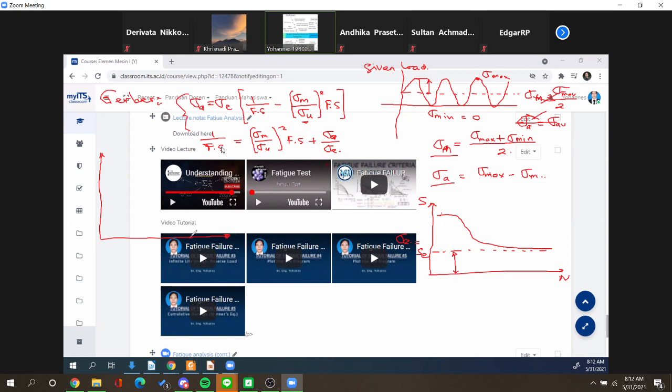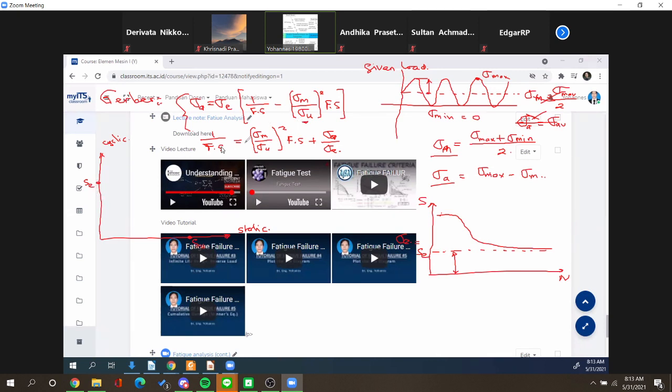So here we have the ultimate strength of the material, and this is for static load, and this is for fluctuating load. Okay, so this is for cyclic loading. So here we have the endurance limit, the endurance strength of the material.